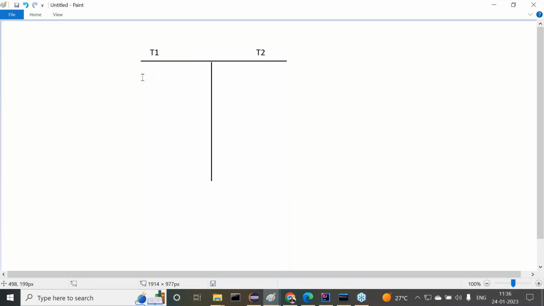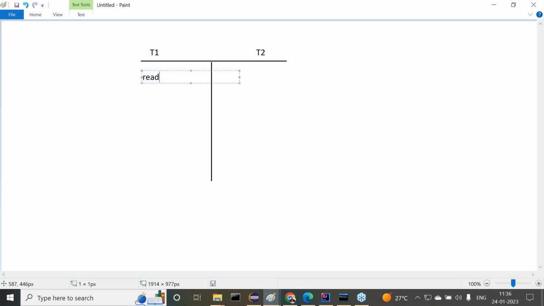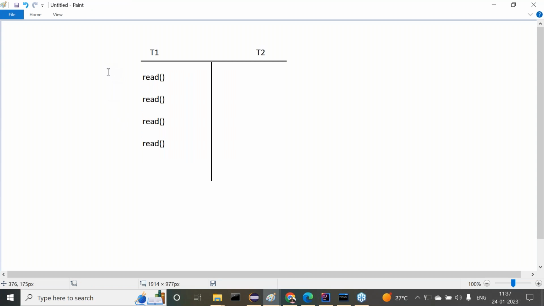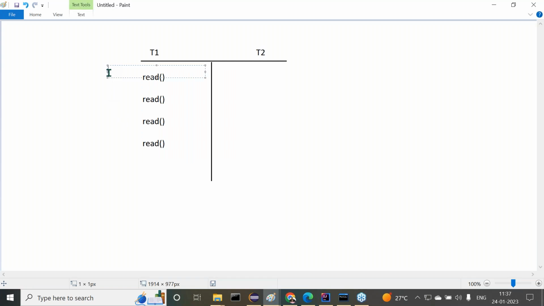Performing read operations continuously. Observe carefully. But what is the need of performing continuous read operations? To get the same results.